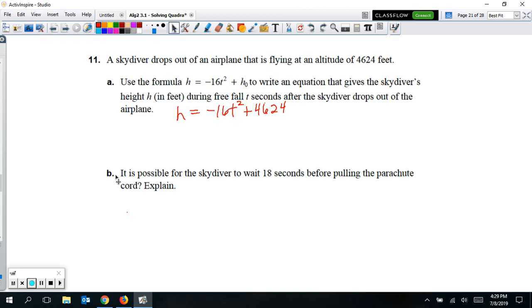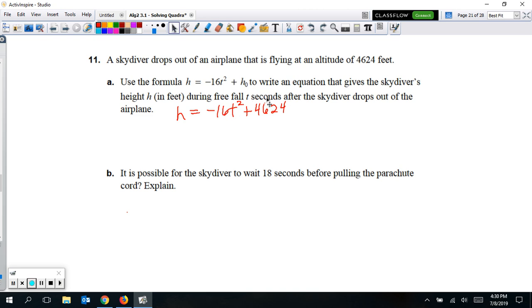Now, letter B. Is it possible for the skydiver to wait 18 seconds before pulling the parachute cord? Explain. Okay, so how would we answer this question? Well, we're told some time here, 18 seconds. And we do have a variable up in our equation here, that's t, that stands for t seconds.